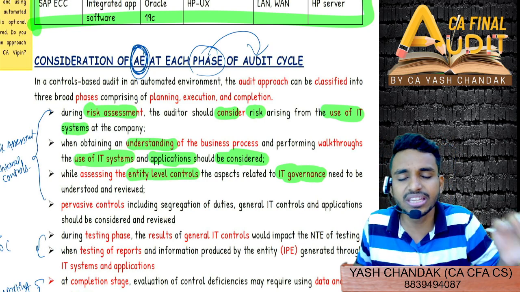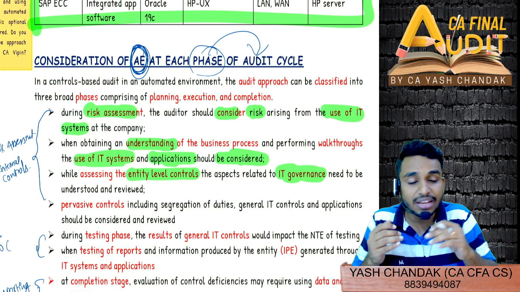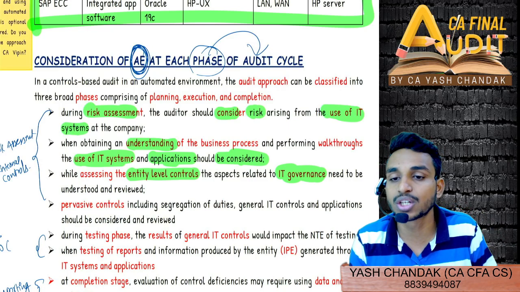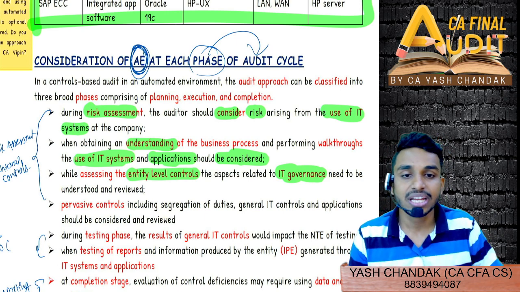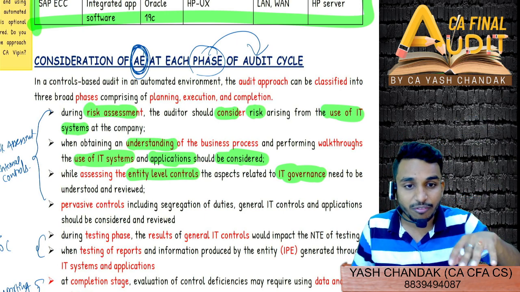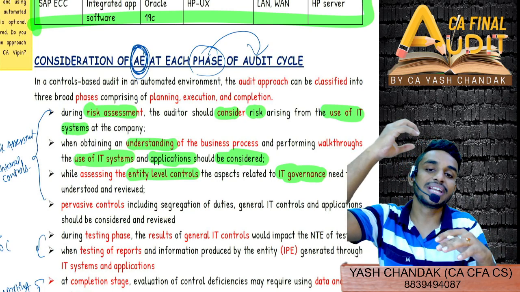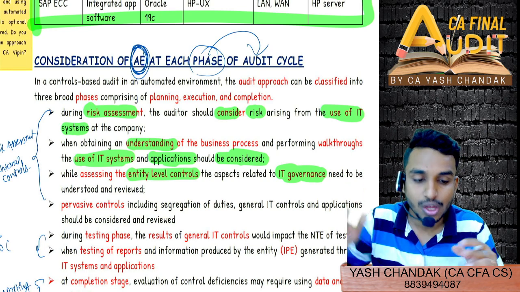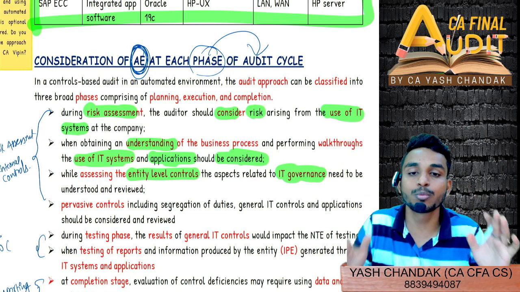If there is any lacuna in the IT governance itself, if the entity level controls are not proper, then definitely the controls later on, the small controls like application controls or whatever controls that you will see will also be impacted, right? If the foundation base is not proper, then how can you think that the upper layer, any first floor or second floor, will be proper, right? So the base, the foundation, the entire thing that is covering the entity has to be proper first of all.